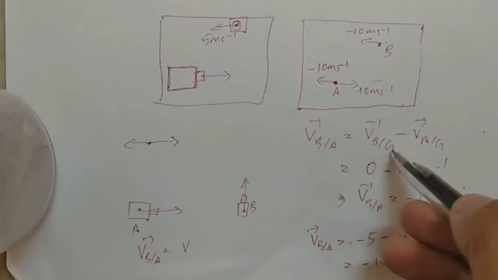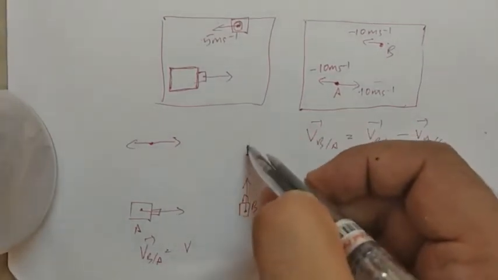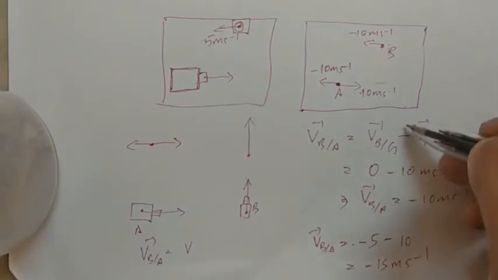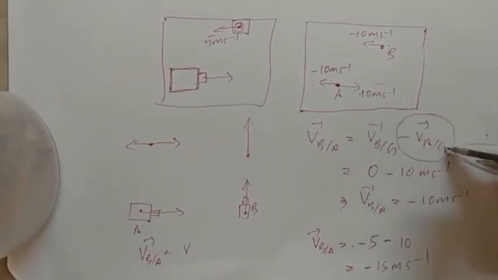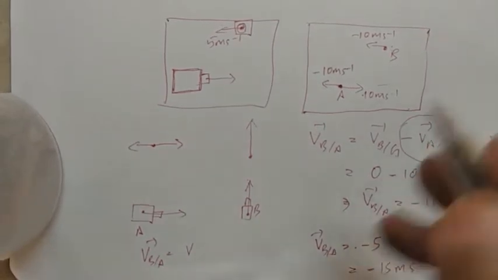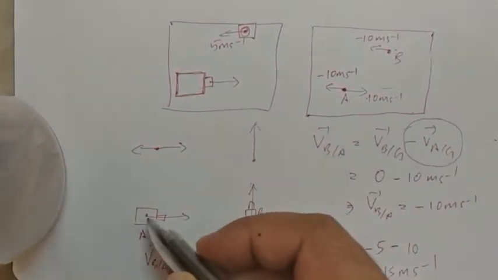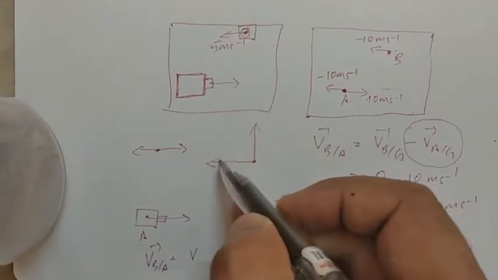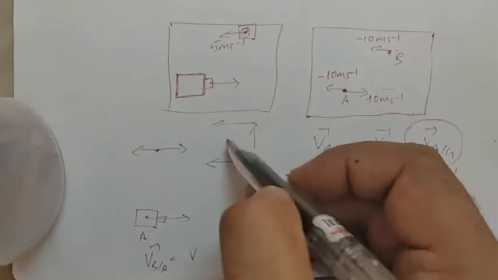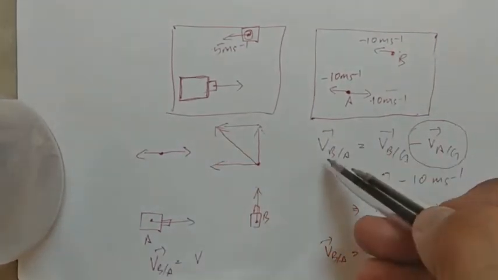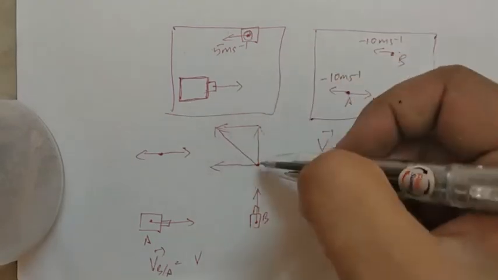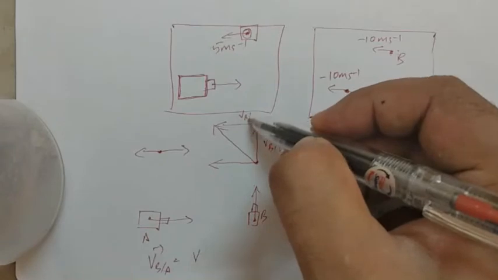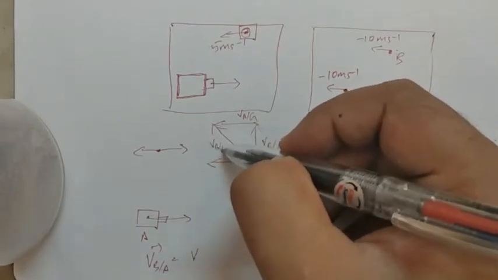For example, the velocity of B with respect to ground is in this direction, and the negative of the velocity of A with respect to ground, which is in this direction, would be in this direction. So overall, the velocity of B with respect to A would be in this direction. This is the velocity of B with respect to ground, this is the velocity of A with respect to ground, and this is the velocity of B with respect to A.